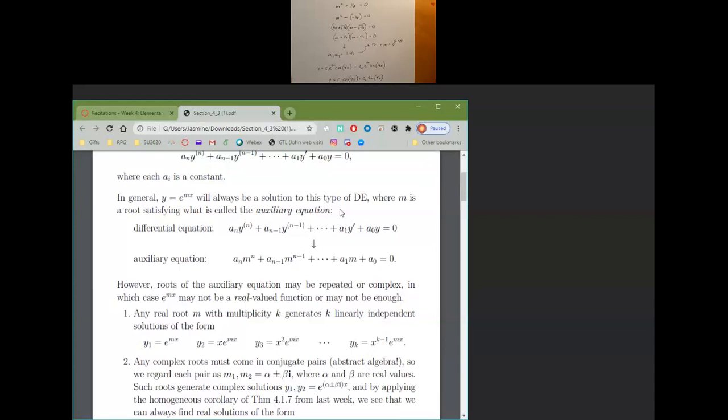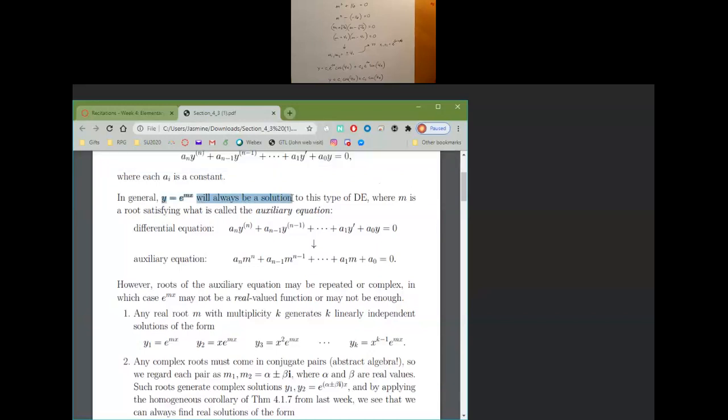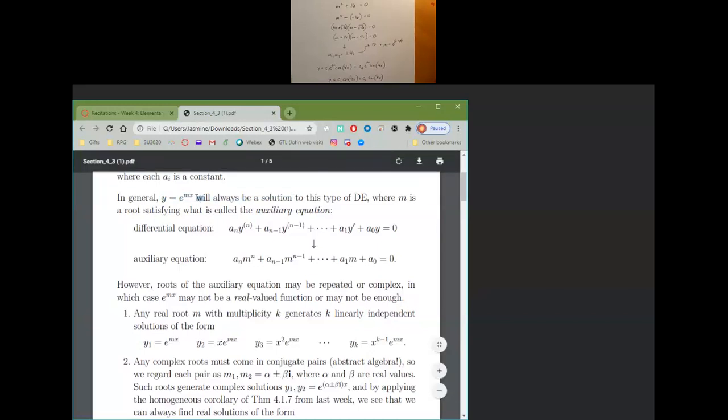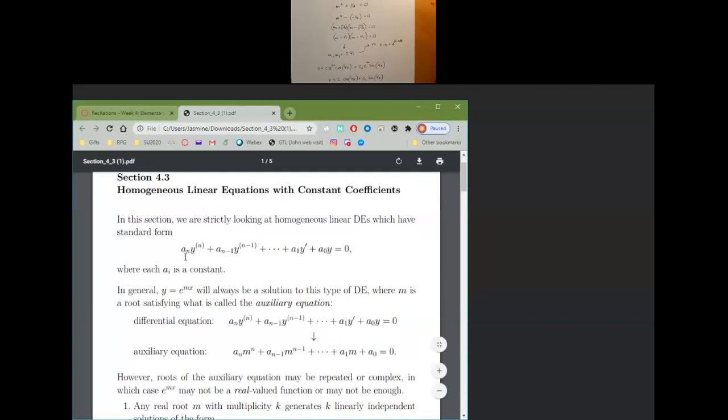I am disappointed that I don't have better words to explain it exactly, except that it has been proven that this is always a solution. Regardless of what that root looks like, you will have a solution of the form e to the mx. That will always satisfy this original differential equation.